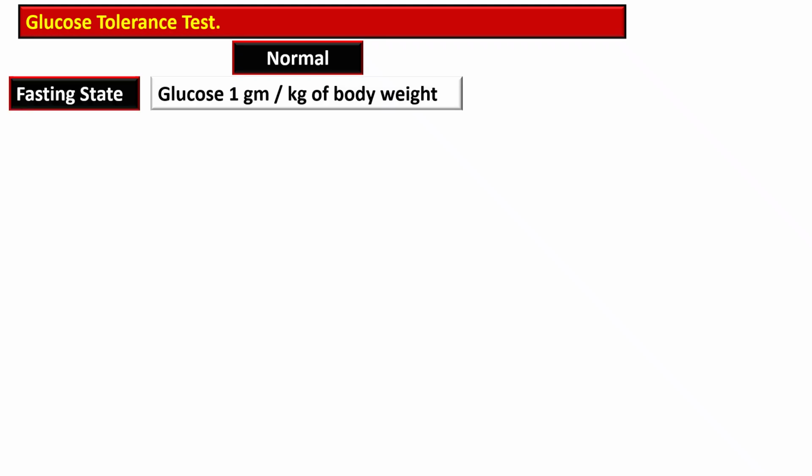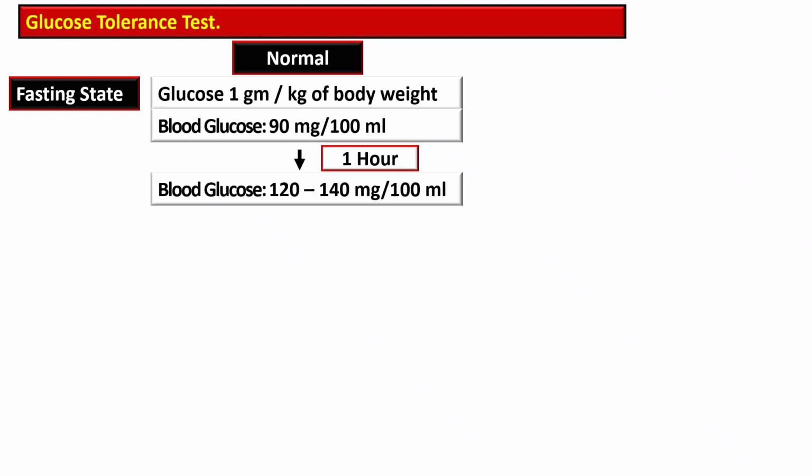Glucose tolerance test is a key diagnostic test used to assess the body's ability to manage a sudden glucose load. It is especially useful for diabetes diagnosis and distinguishing between normal and abnormal glucose metabolism.